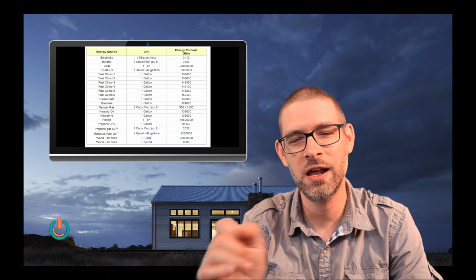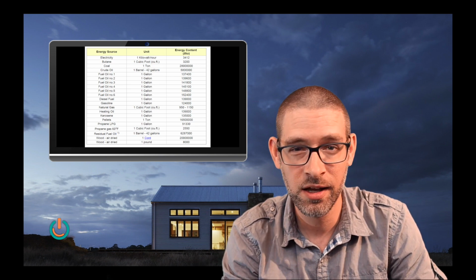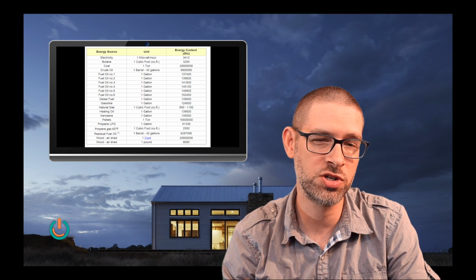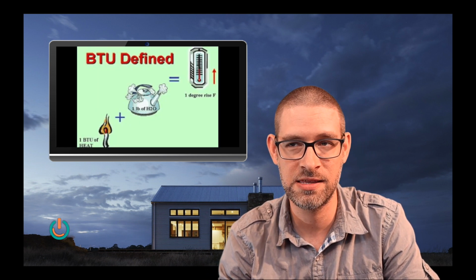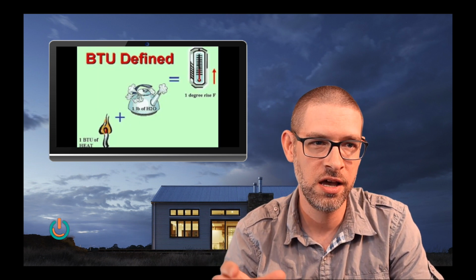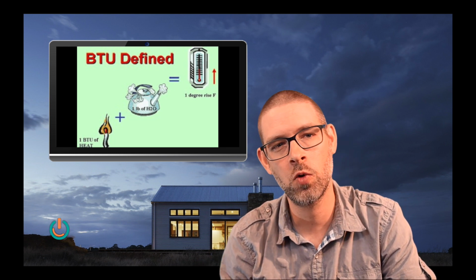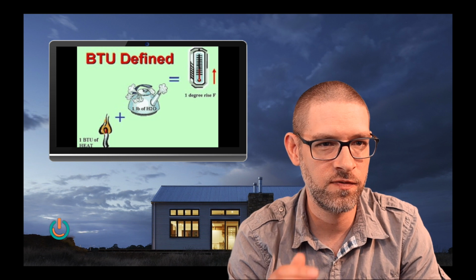And that energy content is typically measured, again, in BTUs, which is a British thermal unit. A British thermal unit can be defined as the amount of energy it takes to raise the temperature of 1 pound of water by 1 degree Fahrenheit.